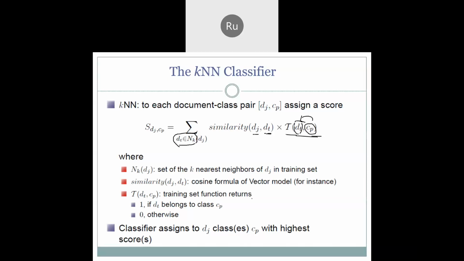We are saying that if that particular document belongs to that particular class, we set it to 1, otherwise 0.